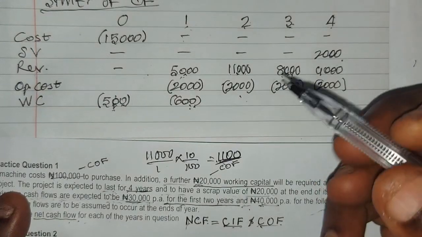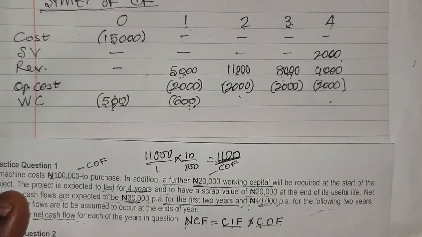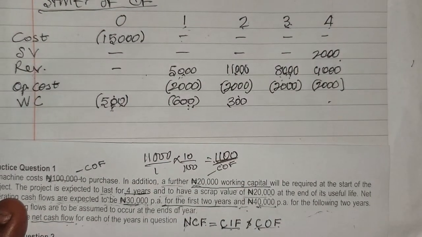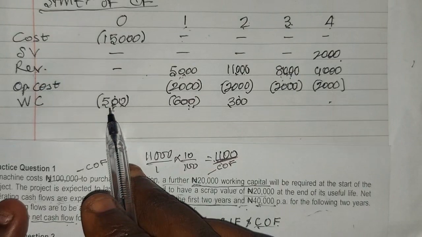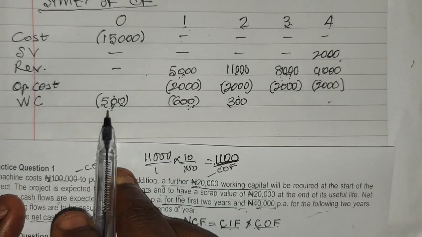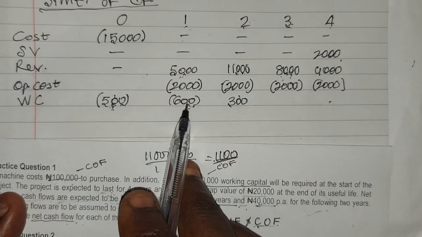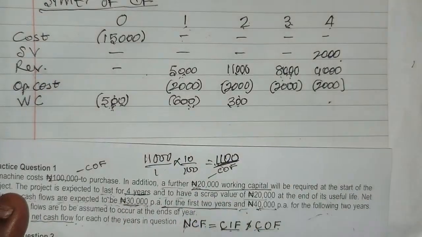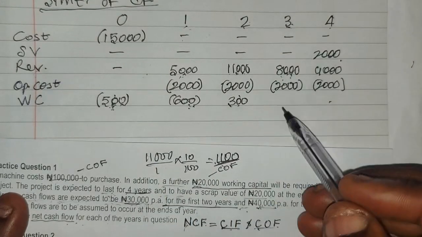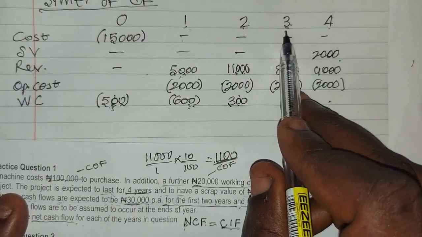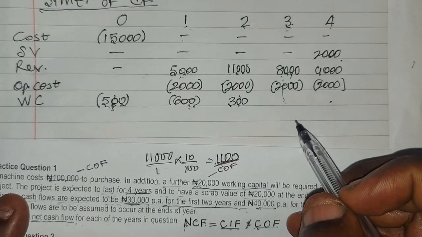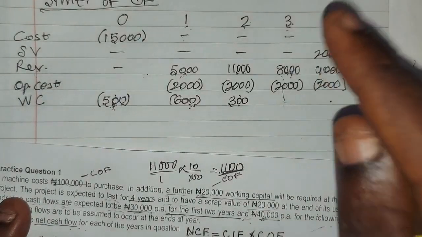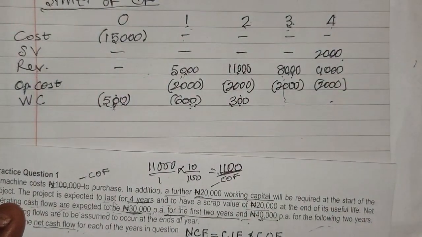It means when you remove 800, we need to recover 300, so that we are left with 800, which will be usable in year 3.